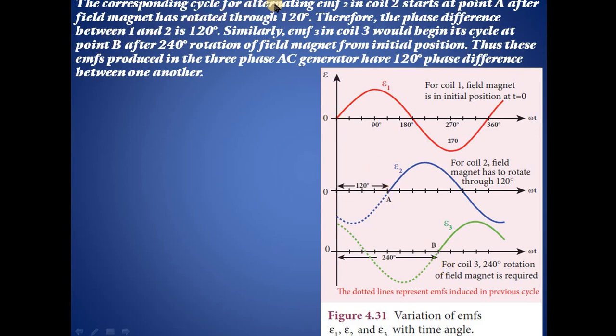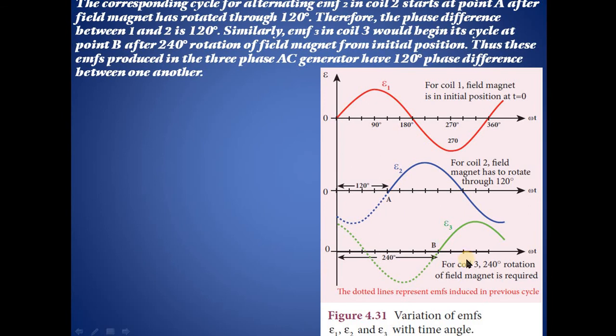The corresponding cycle for alternating EMF 2 in the conductor begins at point A, after the field magnet has rotated through 120 degree. Therefore, the phase difference between EMF 1 and 2 is 120 degree.